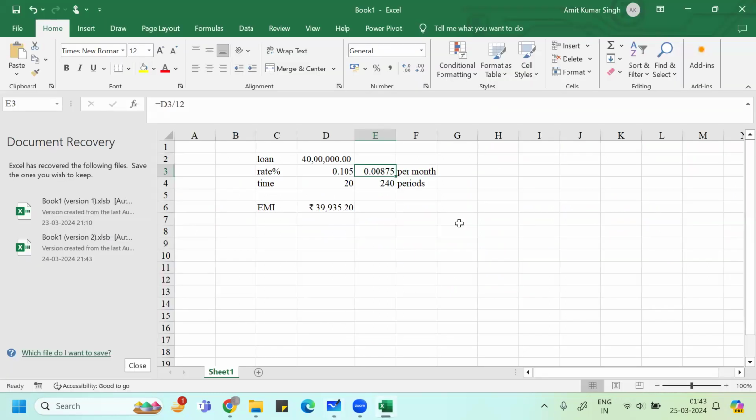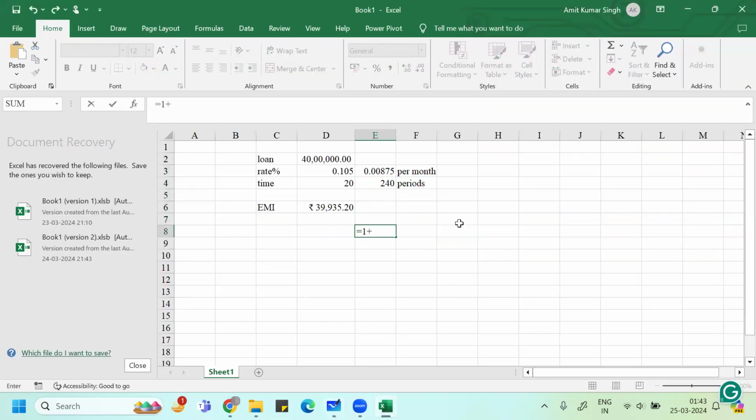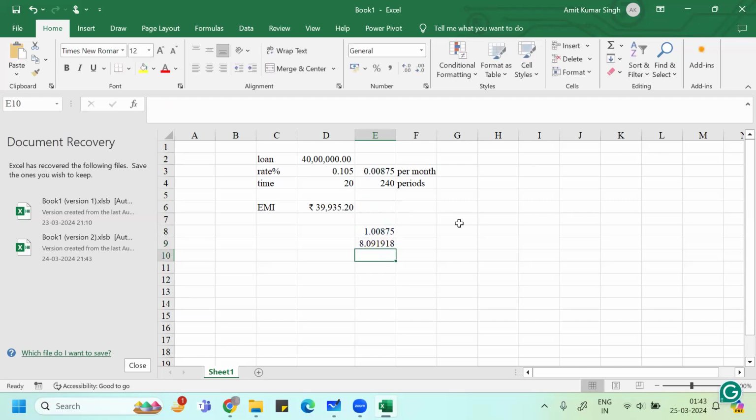So 1 plus 0.00875 is this value, then this to the power 240 gives this value, and this value minus 1 gives 7.091918.